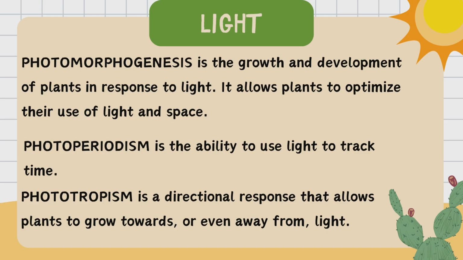So if the light hits one side of the plant, the hormone auxin moves to the shaded side. This causes the cells to grow longer and bend the plant towards the light. So in short, phototropism helps the plant grow in the direction of light to get more energy for photosynthesis. So in short, plants can still sense and react to light even though they have no eyes or brain.